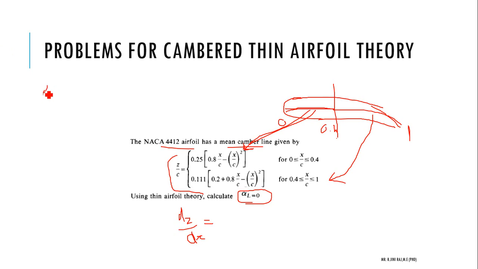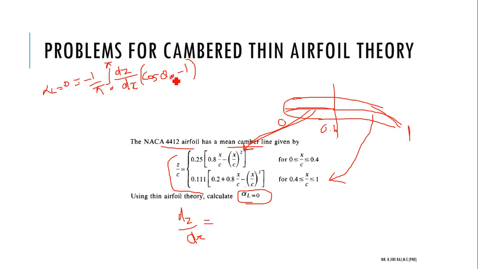Okay, see here, alpha L equal to 0. The formula for alpha L equal to 0 is minus 1 by pi, integral from 0 to pi of dz by dx into cos theta minus 1 into d theta.